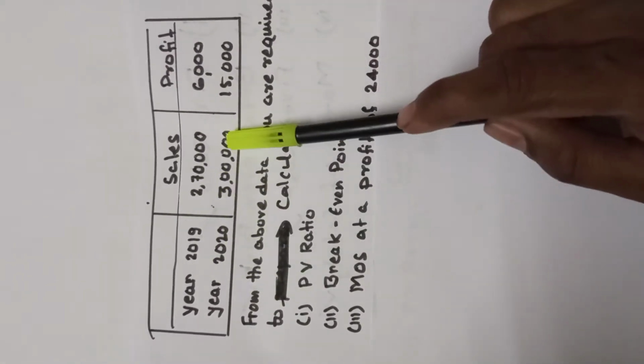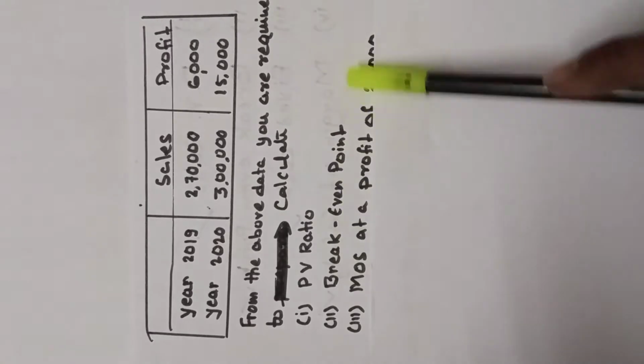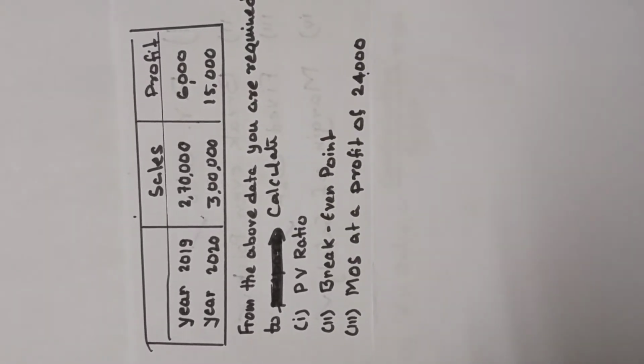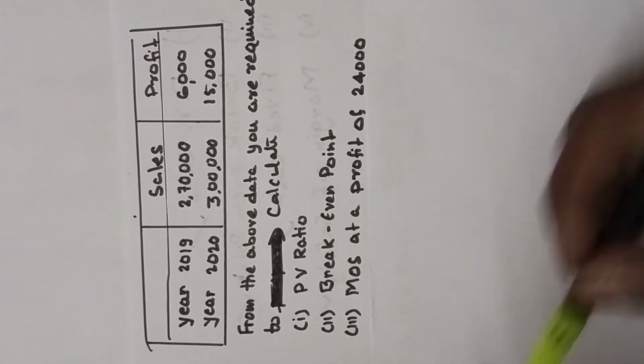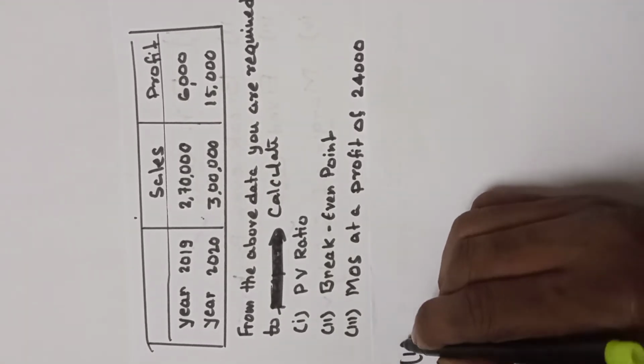Year 2020, sales 3 lakhs, profit 15,000. From the above data, you are required to calculate PV ratio, break-even point, and margin of safety at a profit of rupees 24,000. So now we are going to learn how to calculate these.